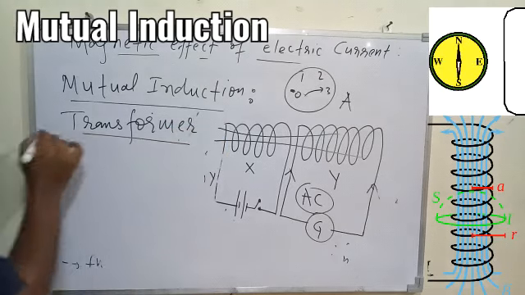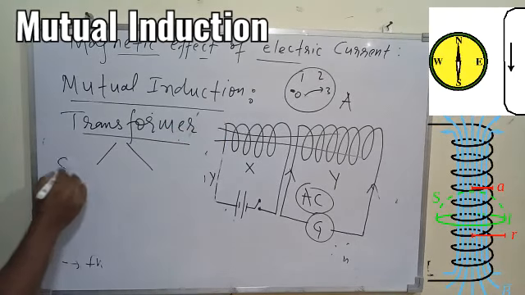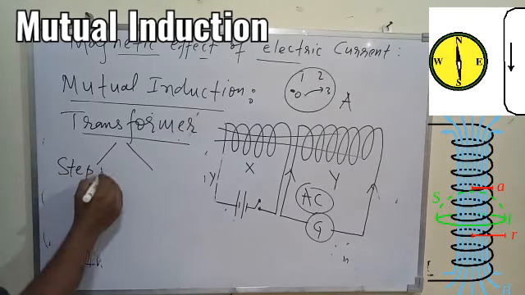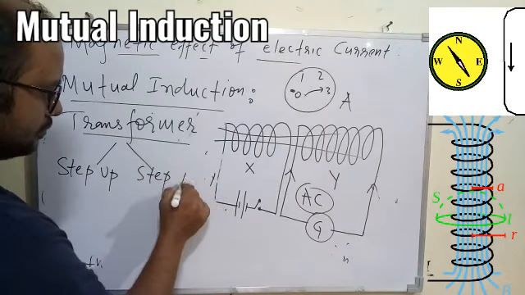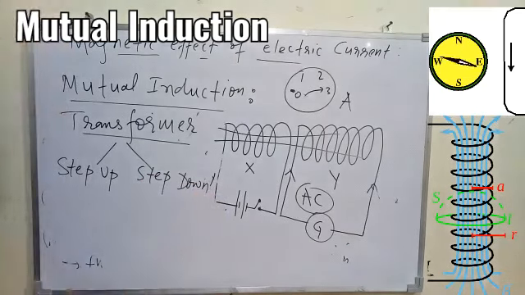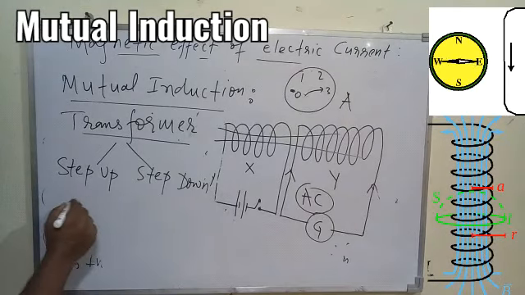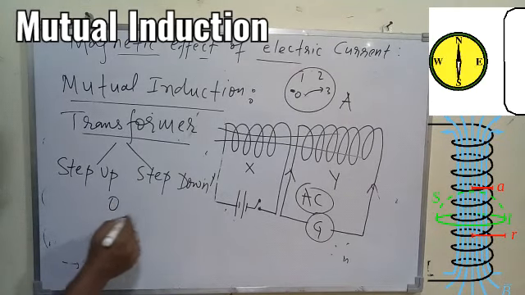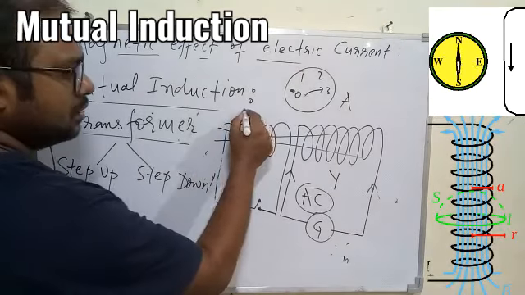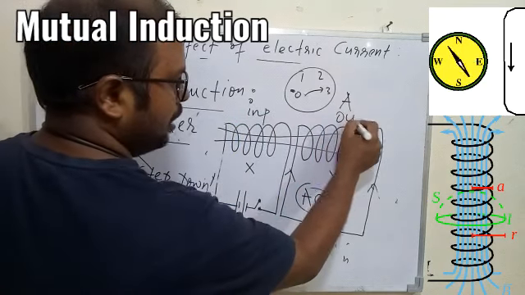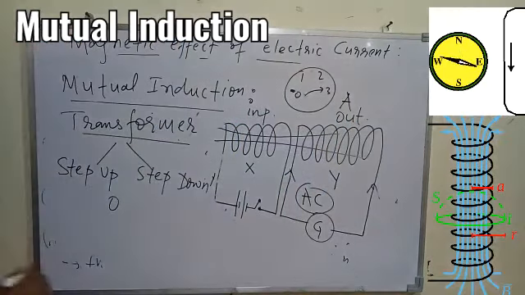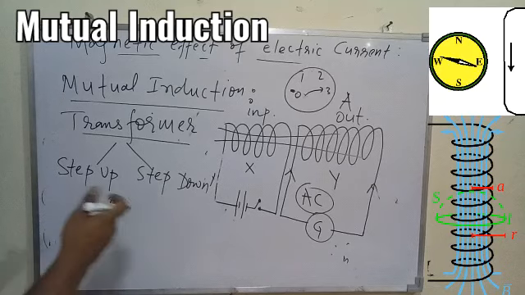So the transformer has two different types, one is called step up, and one is step down. Step up is, if I write this as input and this as output current, step up means the current will increase.